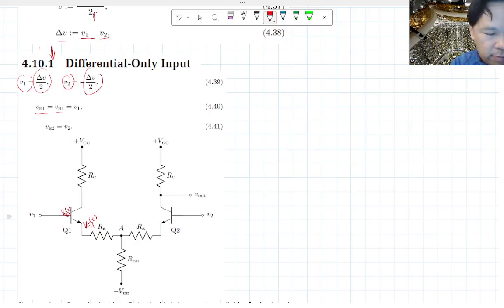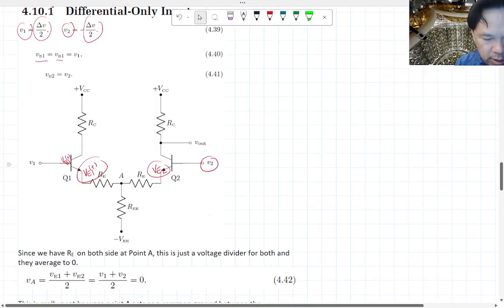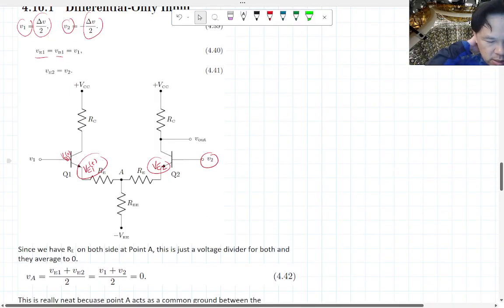Those are all the same, because remember, when we're dealing with AC and DC, we just drop the DC part because the amplifier does not pick that up. Similarly, V2 is going to be equal to VE2. So we know the voltages at these two points are equal to the input voltages on the AC part.